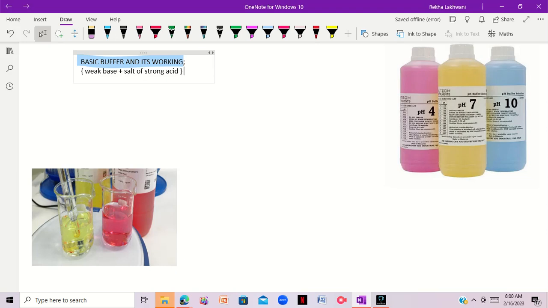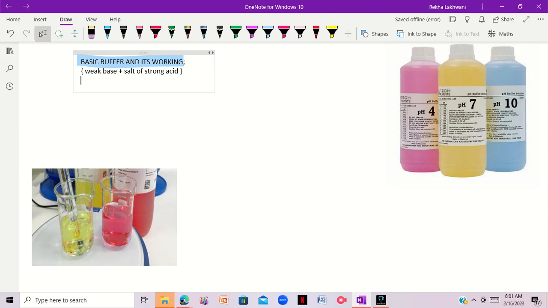That is known as a basic buffer. When a weak base combines with a salt of a strong acid, they form a solution that is known as a basic buffer solution.